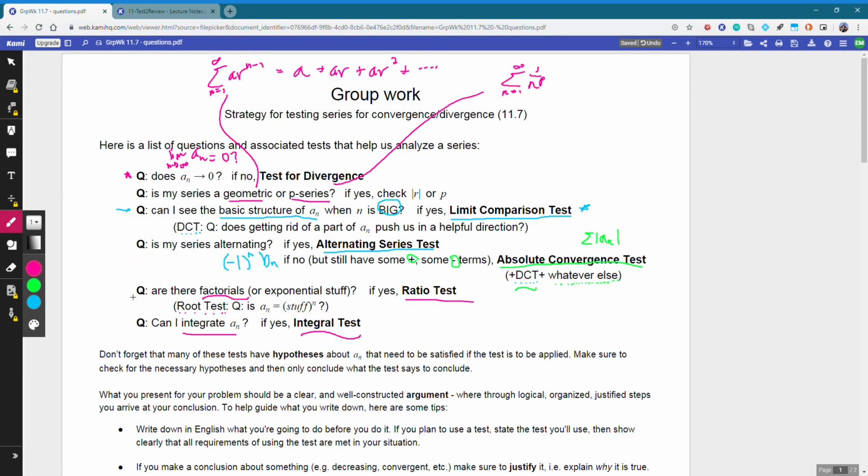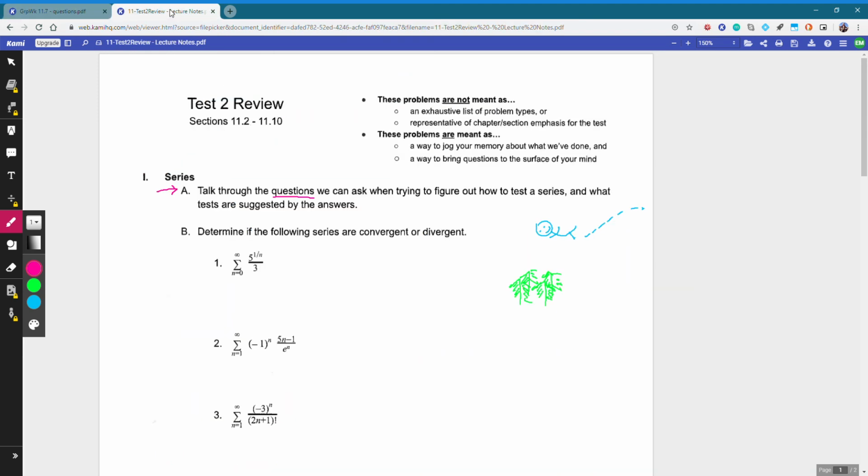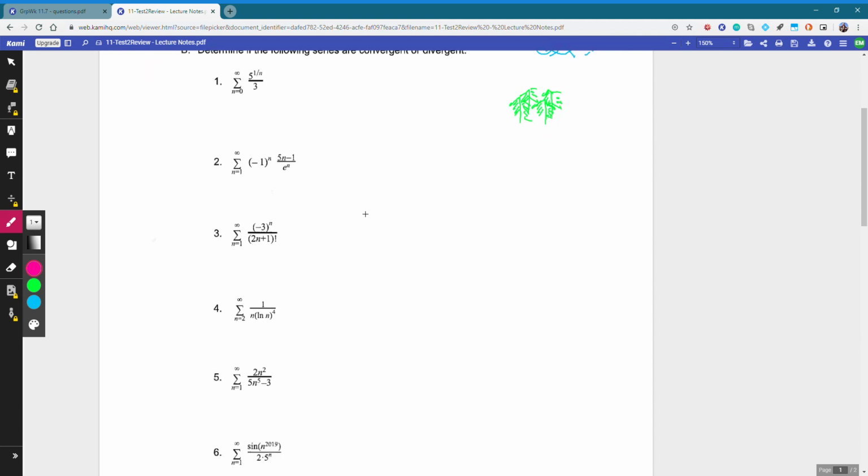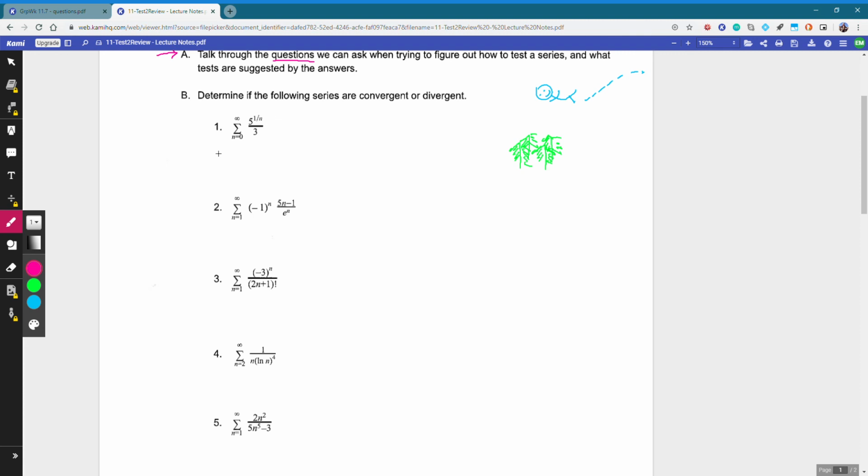That's kind of what we're looking for as we're trying to feel out what's going on with a series. And so with these in mind, let's come back to our list over here in our review and talk through what we might notice about these. All right. So for our first series here, let's just start at the top and ask the question, I'll write it out real formal.